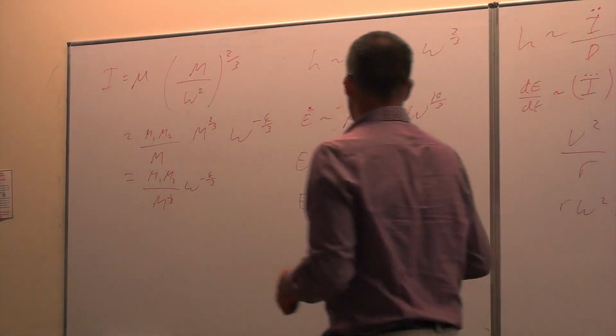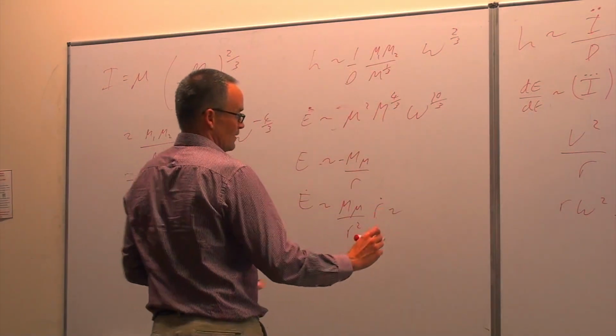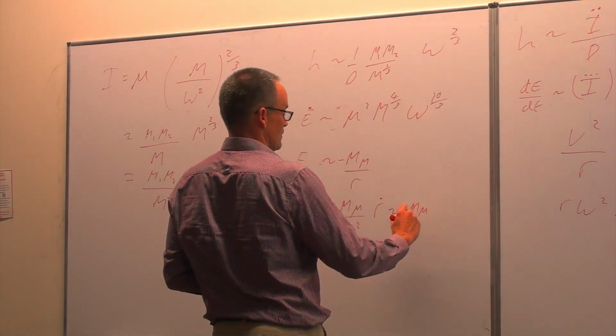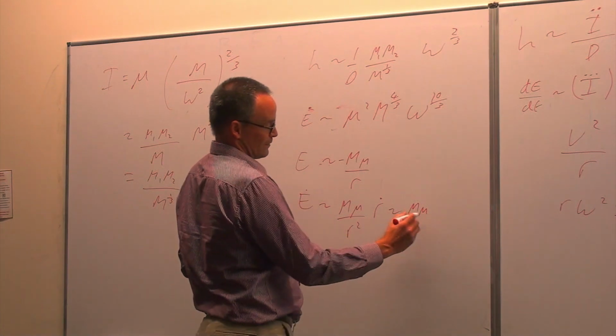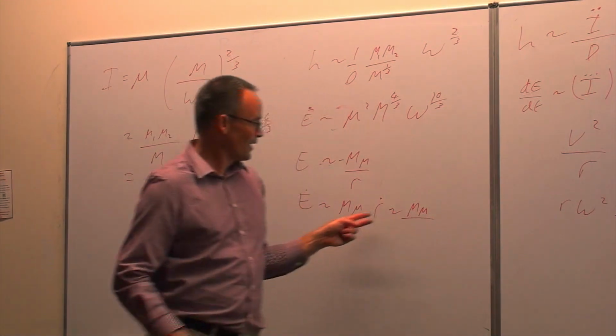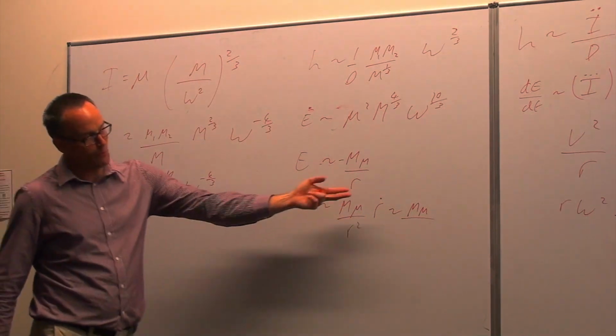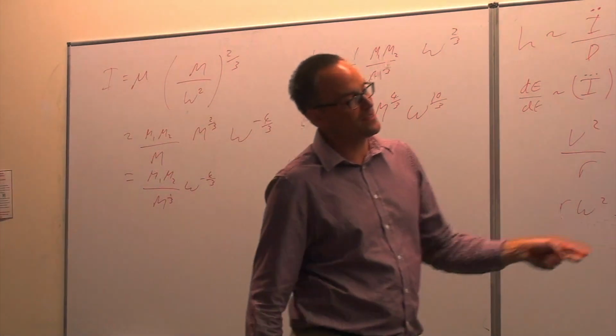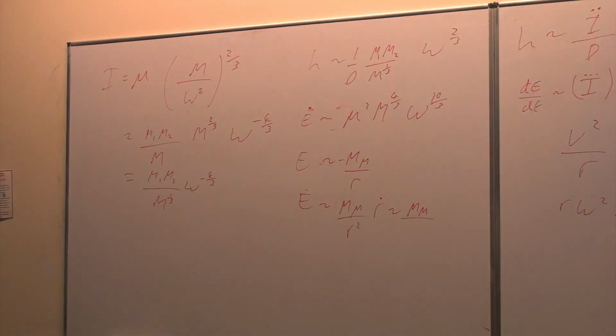And so mu over r squared, that 1 over r squared is an omega to the 4/3.